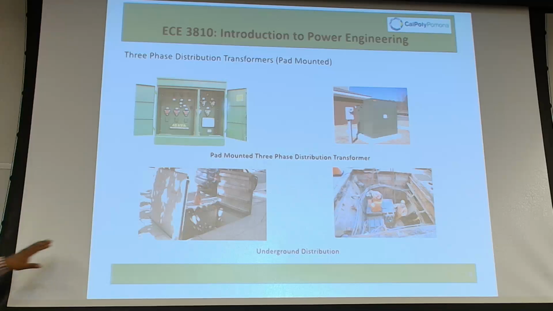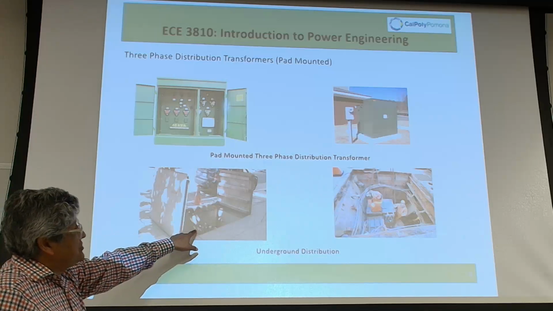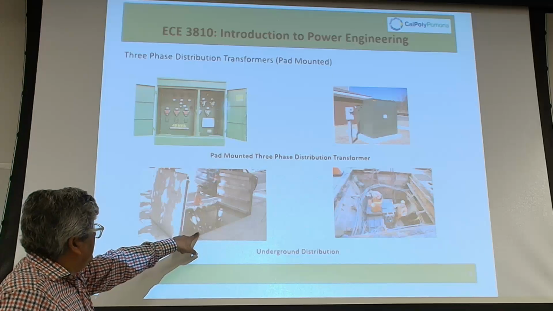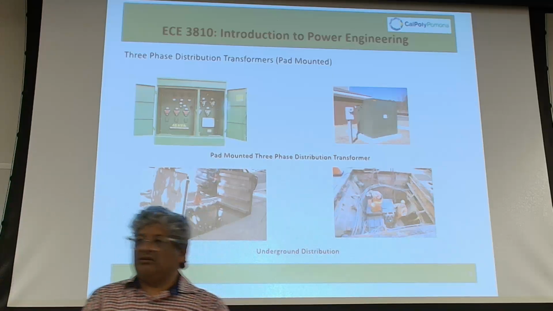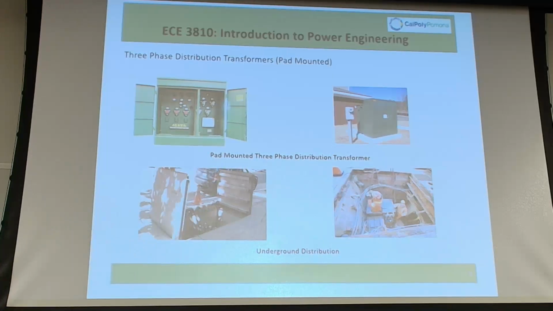This one's right here. I was trying to find it, it's hard to see this one. These are in volts, so they're pretty common too. Those are very unique designs. They're called submersible transformers. The reason we call them submersible is because water can get in there.